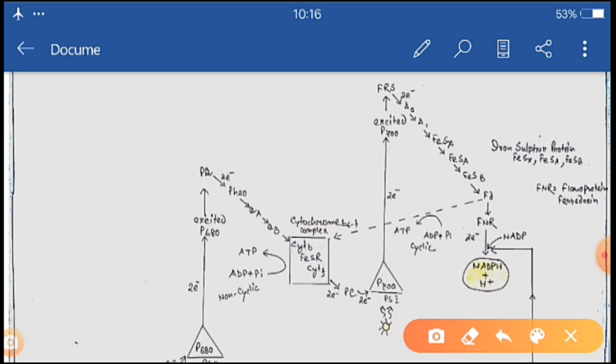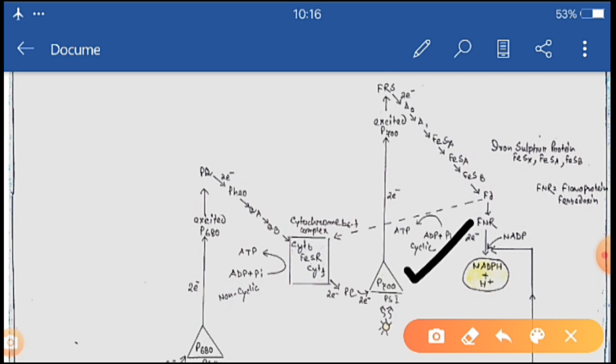The P700 also receives sunlight, and by receiving sunlight it gets excited, and due to this excitation electrons are released, that is, P700 is also in an electron deficient condition.